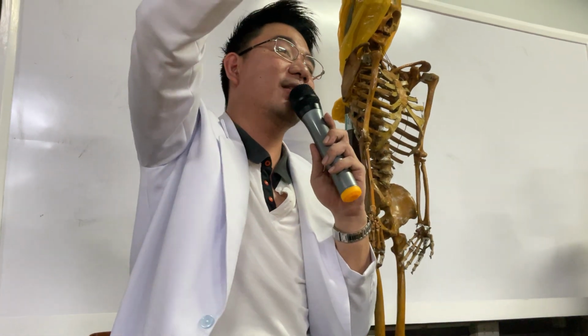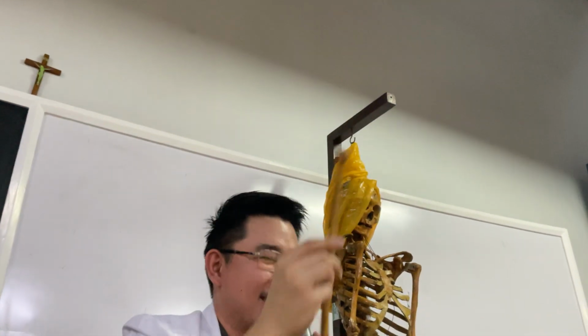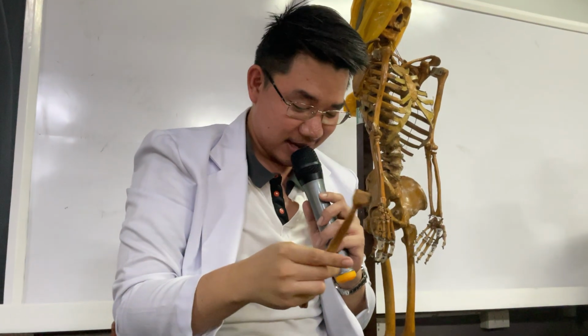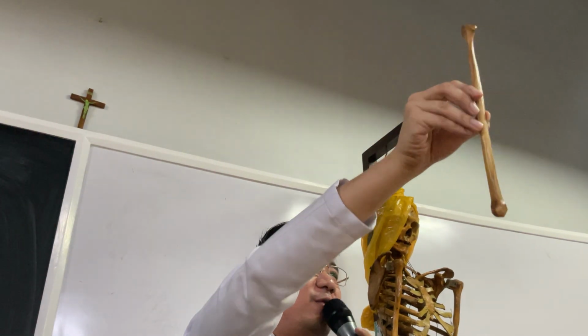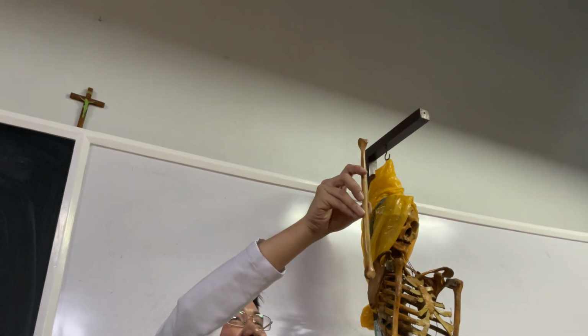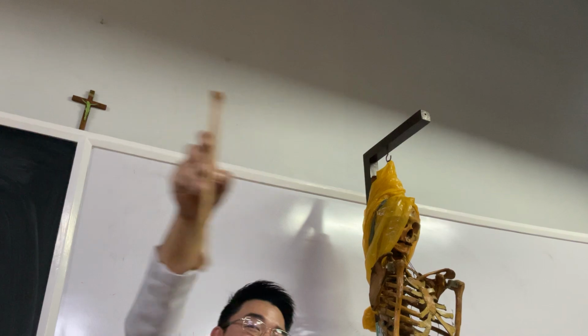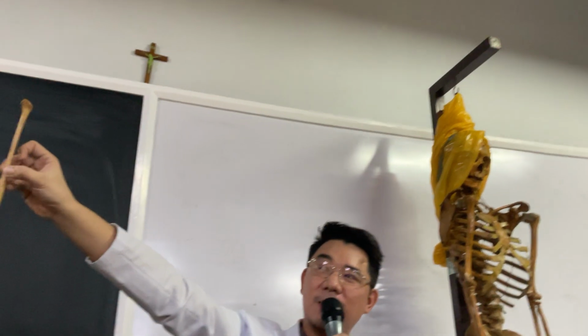Okay, so let's go to the fibula. How will you know if this is up top or bottom? This is the lateral aspect of the fibula. How did I know this is the lateral aspect? Because the surfaces on the top and bottom are flat.